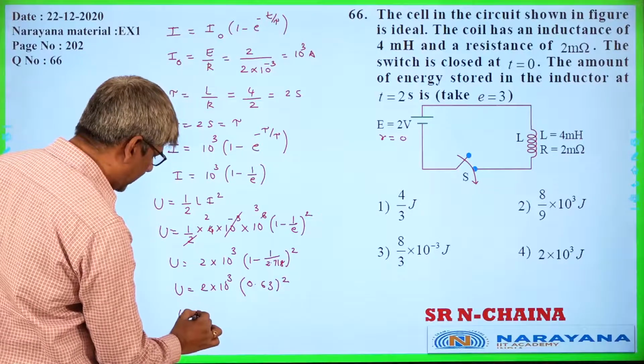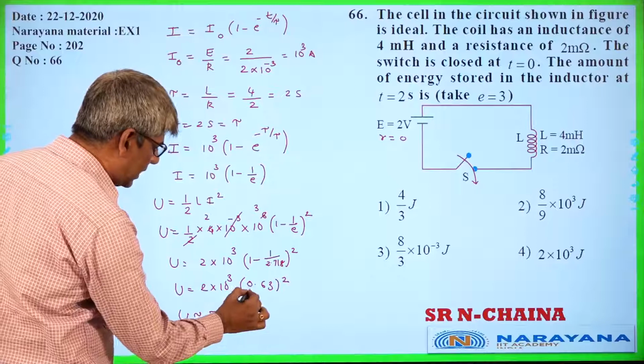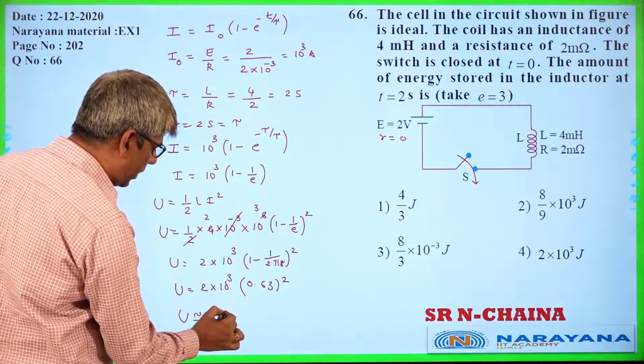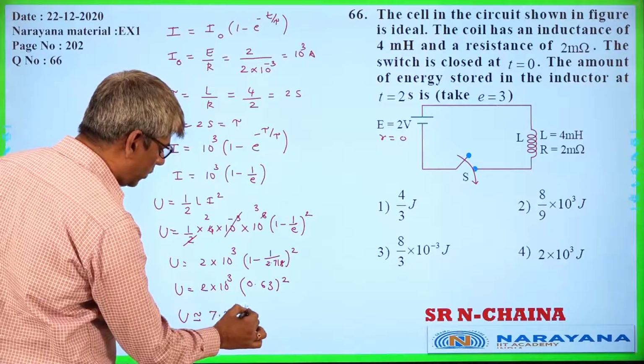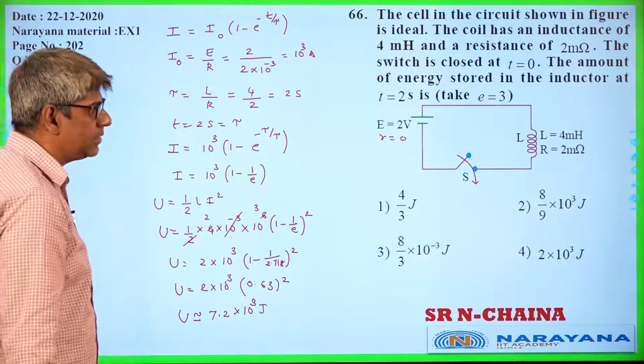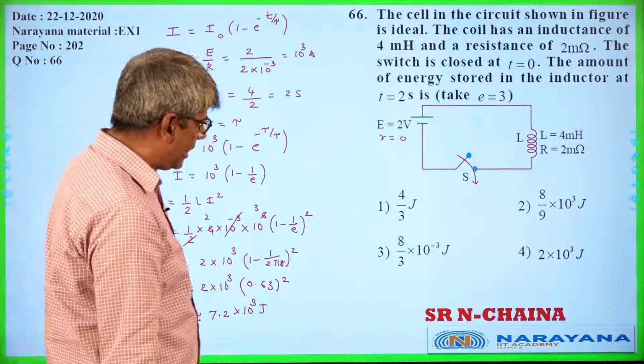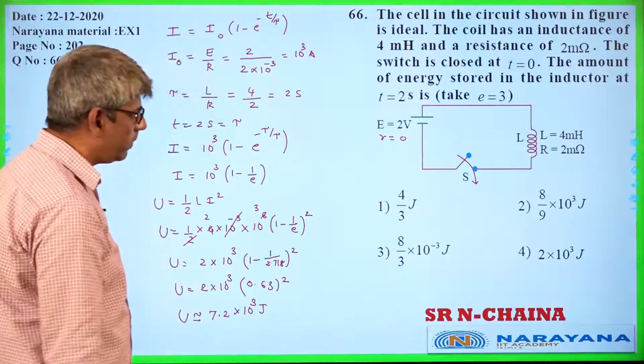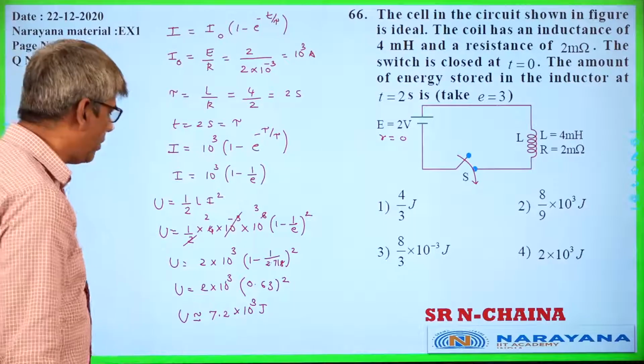Approximately I am writing this as 3.6 into 2, which is 7.2 into 10 cube joules. But we have to identify which is the correct answer.